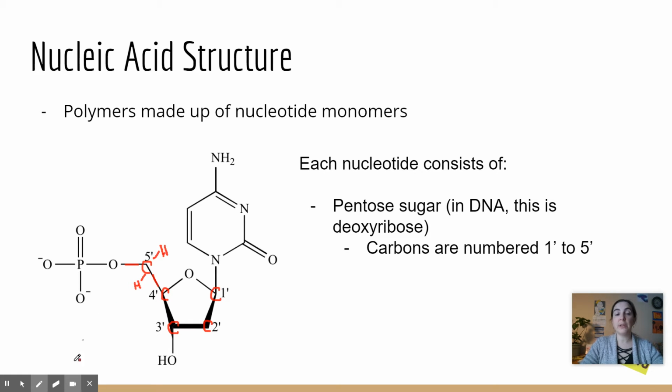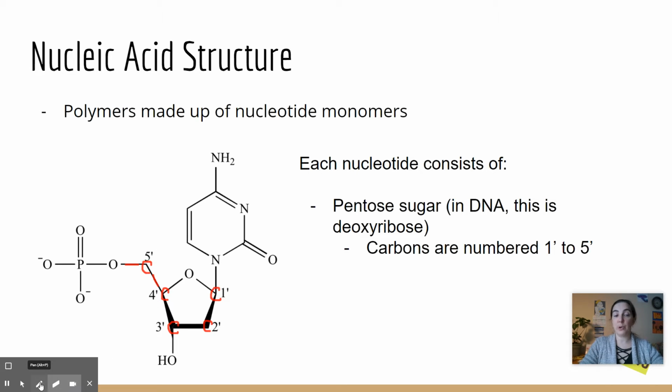But the important thing right now is to notice that the carbons in this sugar are numbered. And the way you read these numbers is you read that little asterisk up there as the word prime. So we say this is the 1' carbon, 2', 3', 4', 5'.